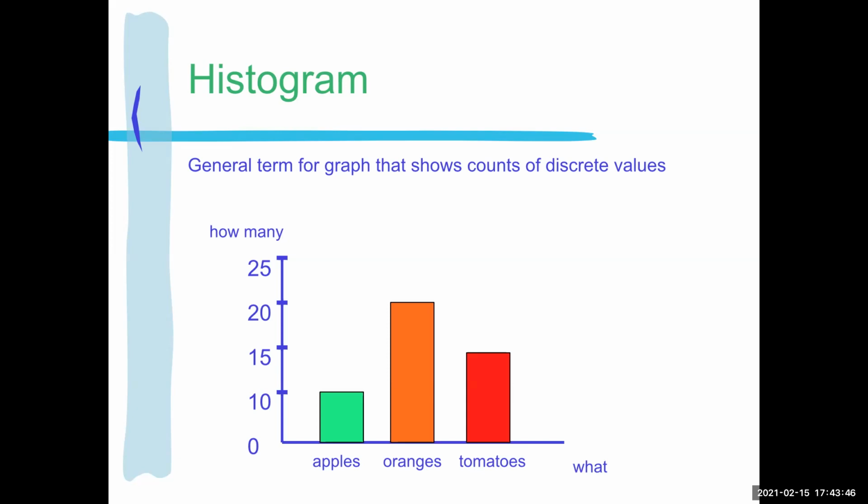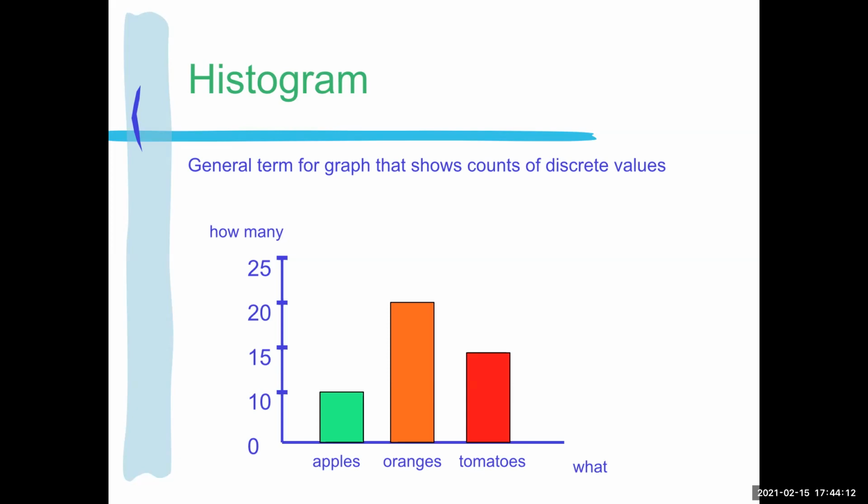How many oranges and how many tomatoes? And the x-axis is always the items. Okay, so the fruit in this case, well, tomatoes are fruit too. And then on the y-axis, the vertical axis, is how many of that particular item do you have?